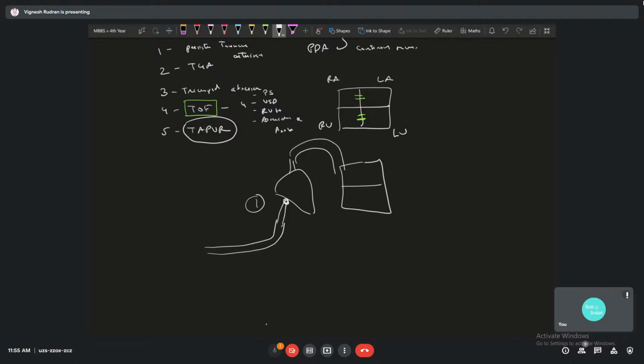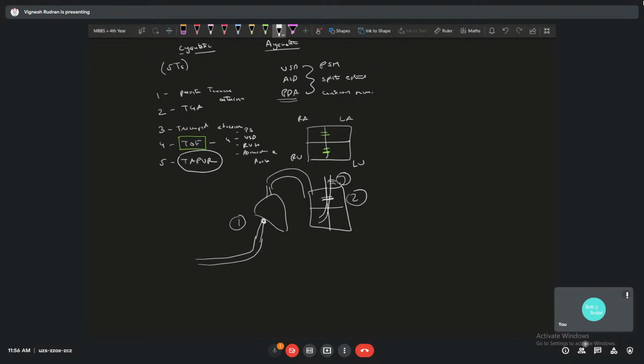In your heart, you have this foramen ovale, that is your second one, and then you don't have mature lungs, right? So from your pulmonary artery, there's one bypass to the aorta, that is your third, your ductus arteriosus. So patent ductus arteriosus is a problem where this thing is persisting.